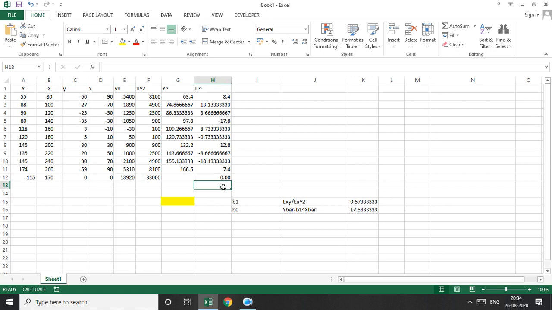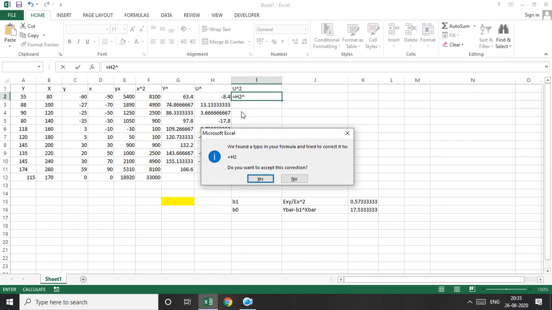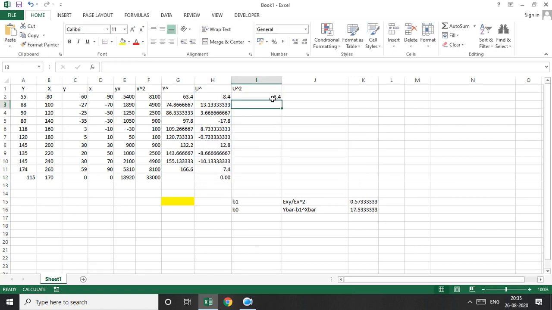In order to overcome this, we have to adopt another criterion called sigma u cap square. To overcome the issue of the sum being 0, you square this u cap. You just square it.